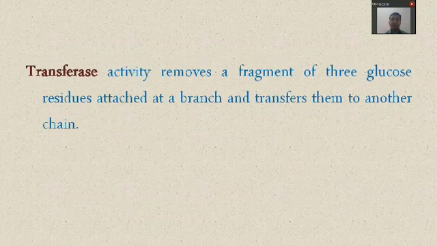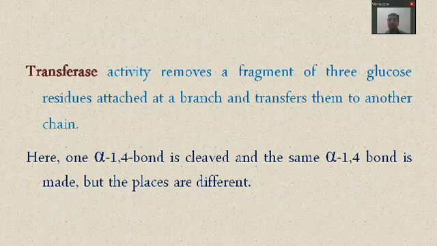In the transferase activity, the enzyme cuts a fragment of three glucose residues from one chain and transfers these three residues to another chain. Here the alpha 1,4 bond is cleaved at one position, and then the same alpha 1,4 bond is formed at a different place.